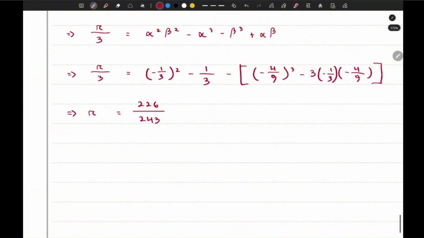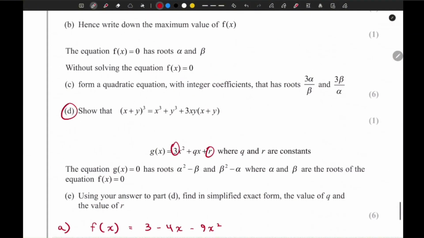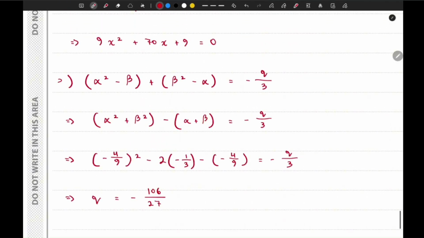And coming back to the part I have missed, which is part D. So this was part E. Now let's come back to part D. We need to find the expansion of x plus y whole cubed.